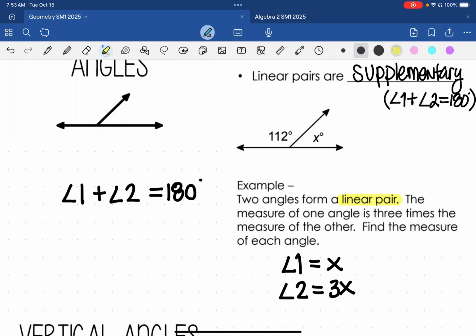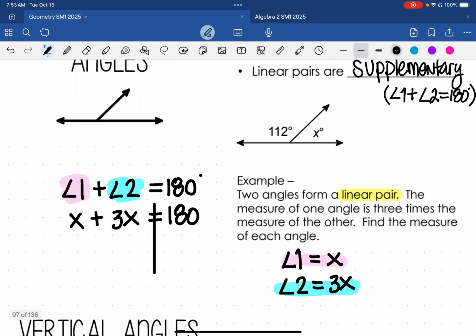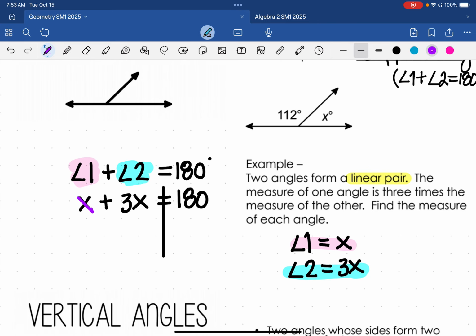Now I can substitute, and if you want to, you can use your highlighter to help you substitute faster. So now you know to put in x for the pink and 3x for the blue. Once again, the x's are on the same side. If you need that visual, there you go. And so we're going to do what we see, which is add them together.